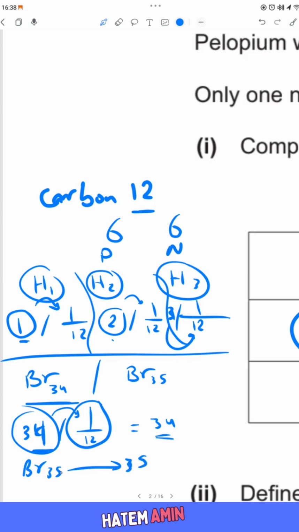If we compare it with 1 over 12, how many parts from 1 over 12 does it have? It has 35. So what is the relative isotopic mass?